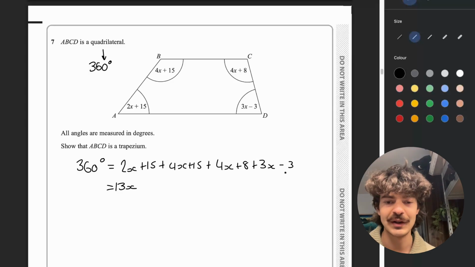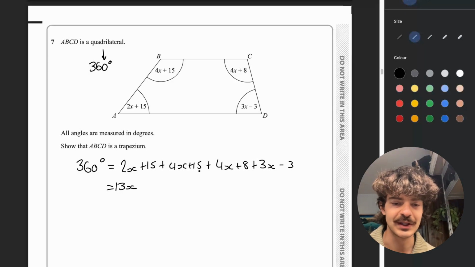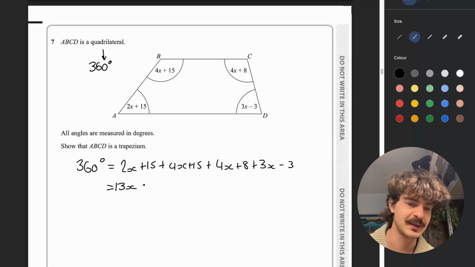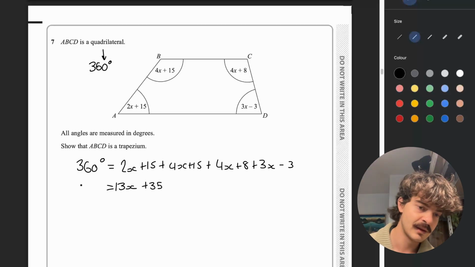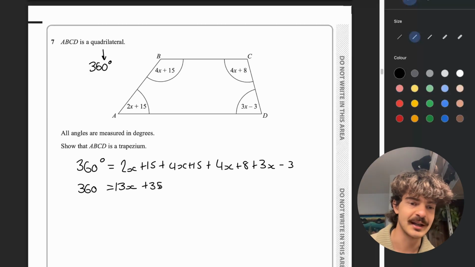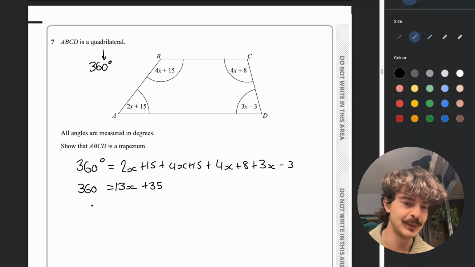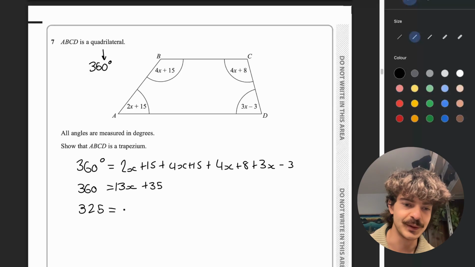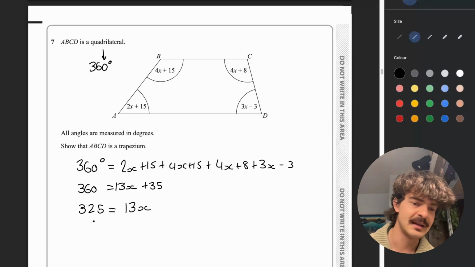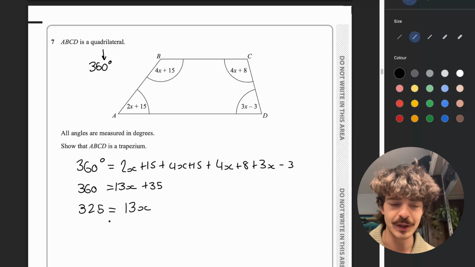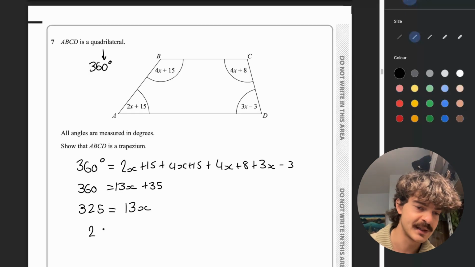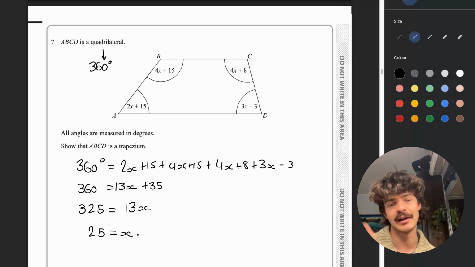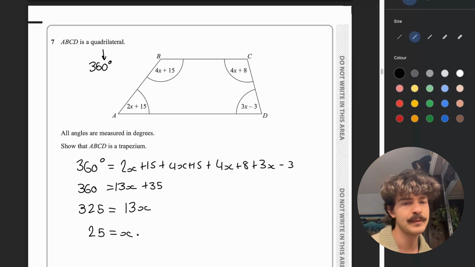Here we go. 8 minus 3 is going to be 5. 15 plus 15 is going to be 30. So plus the 5 is going to be plus 35. 360 equals 13x plus 35. Cool, a little bit closer now. 325 is going to be equal to, that's taking the 35, is going to be equal to 13x. And therefore, or you might be able to spot this, you might not, but 25 is equal to x. You've got a calculator, so 325 over 13.